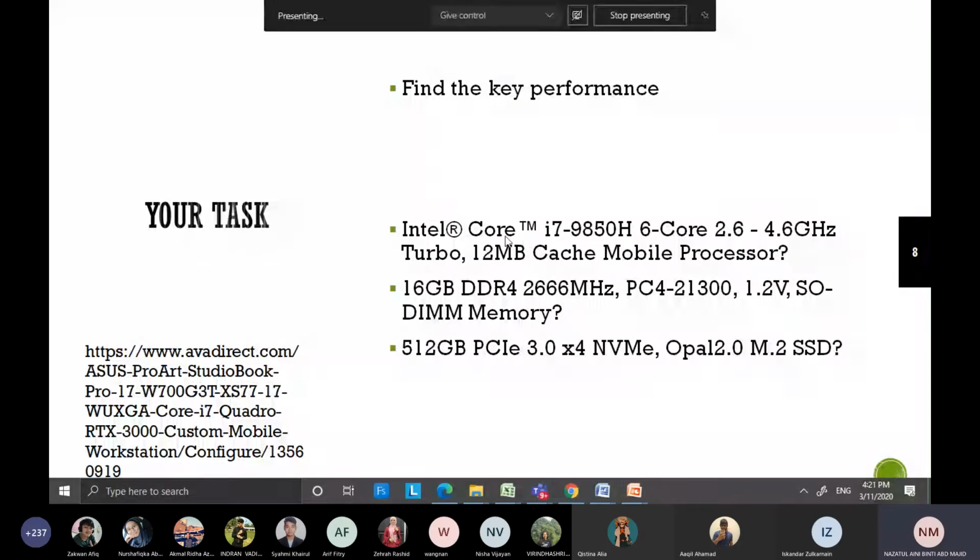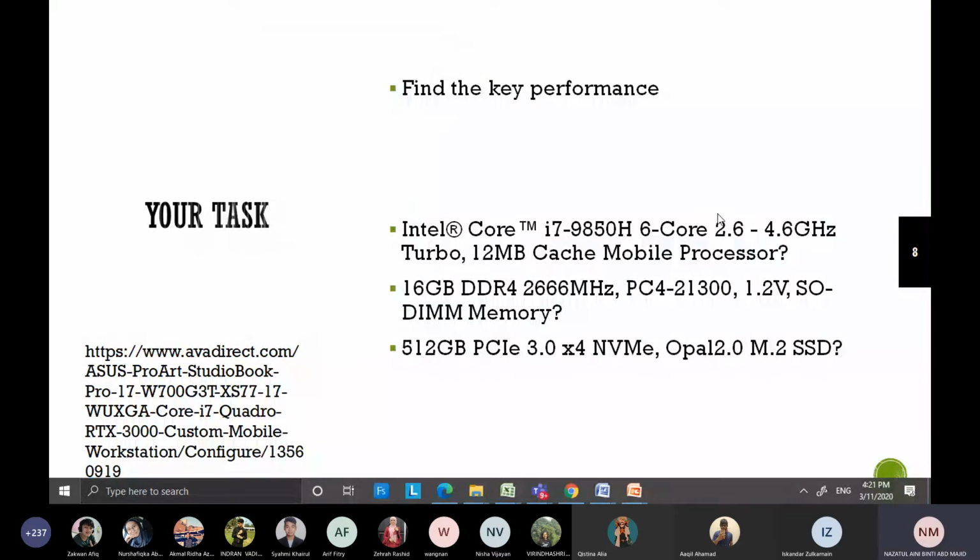You have the CPU with 2.6 gigahertz, then a 12 megabyte cache, then RAM, DDR4, 16 gigabytes, and the storage, 512 gigabyte SSD.